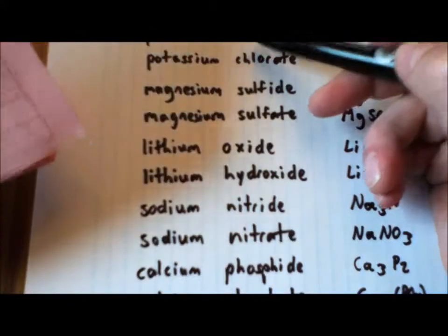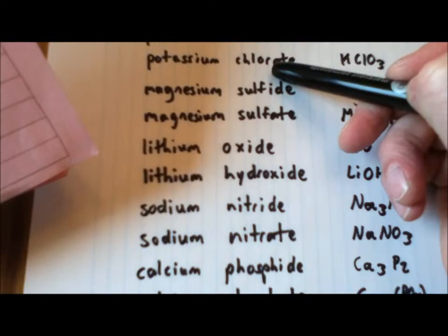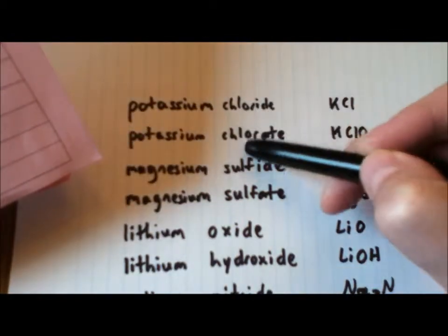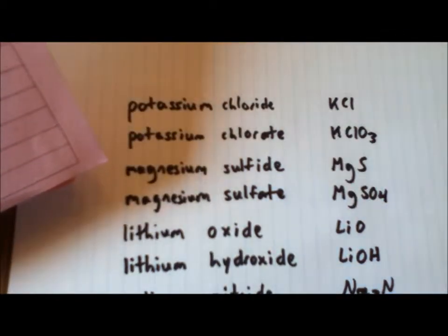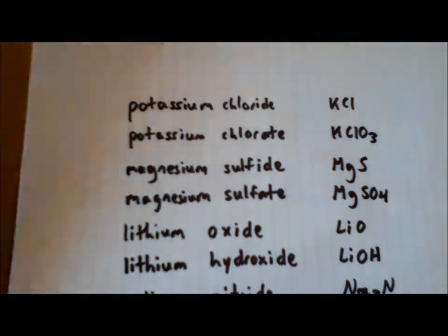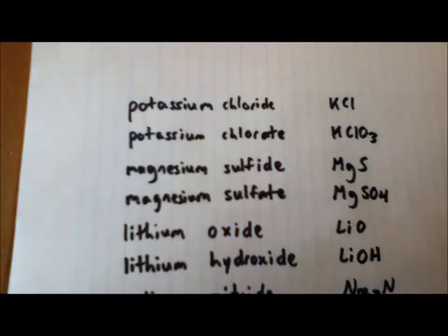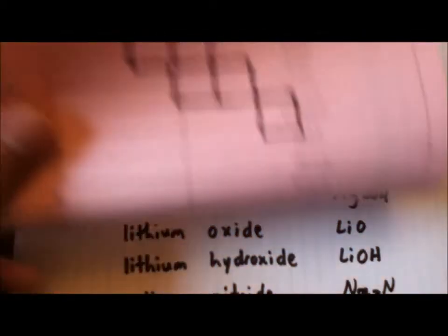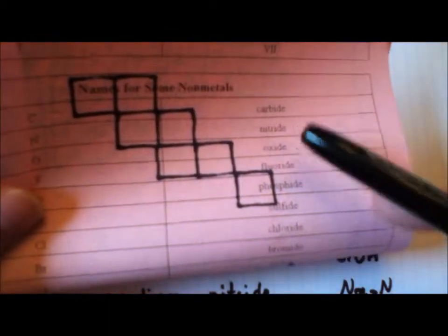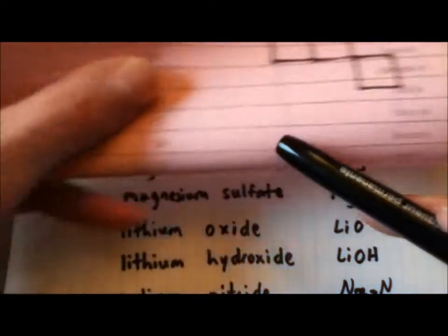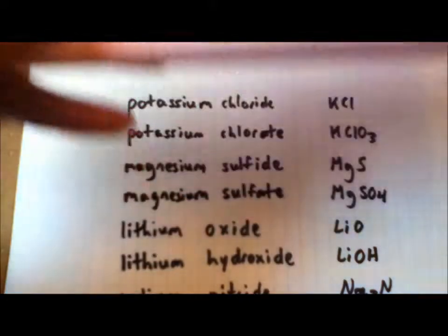So if you don't know exactly what chloride or chlorate might be, then check the back of your sheet. When you check chloride, you'll see, oh, there's chloride. That is just Cl. If I check chlorate, well, chlorate is here.